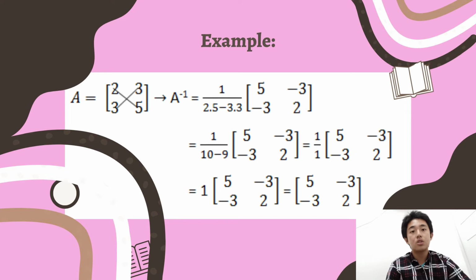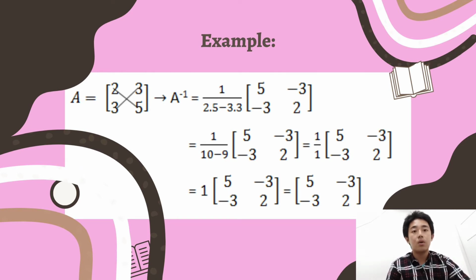So it actually a switching between A and D. So the earlier one, we have A 2 and D is 5. So we're going to switch the positions between A and D, and that becomes 5, negative 3, negative 3, and 2. So negative 3 is actually from the formula, because the formula stated that B and C become negative. So that's what we got.